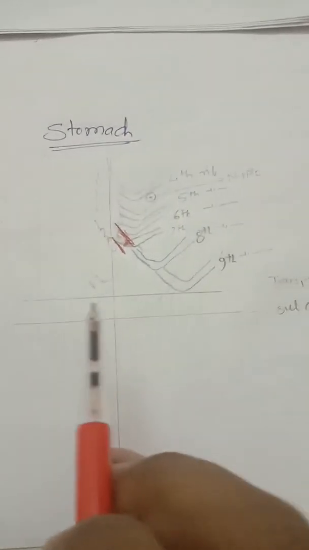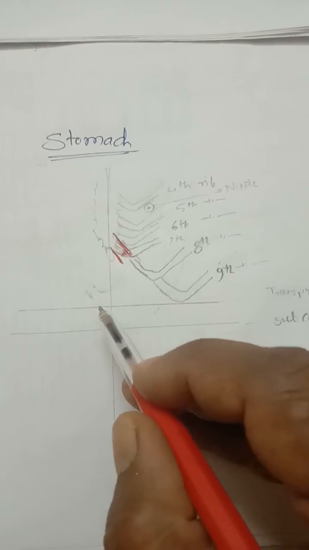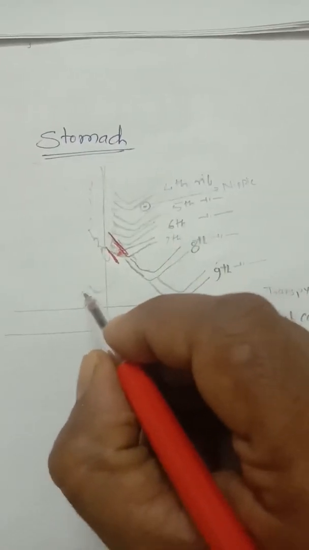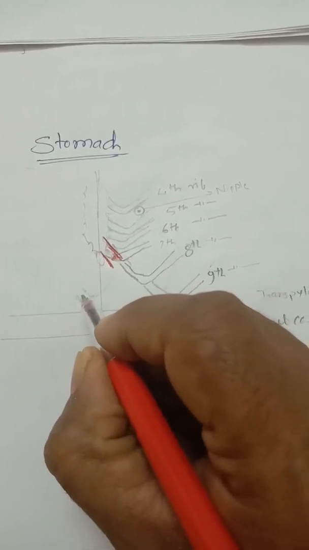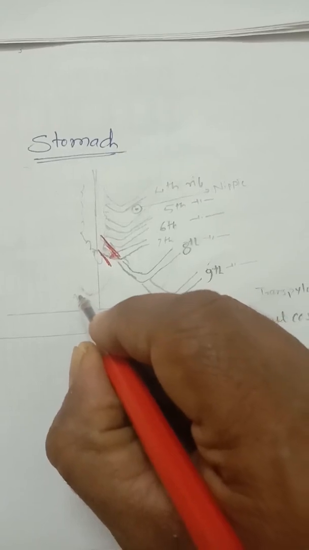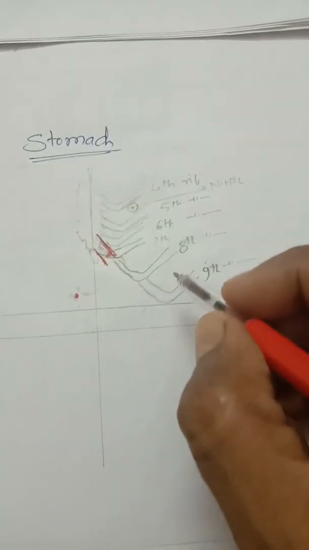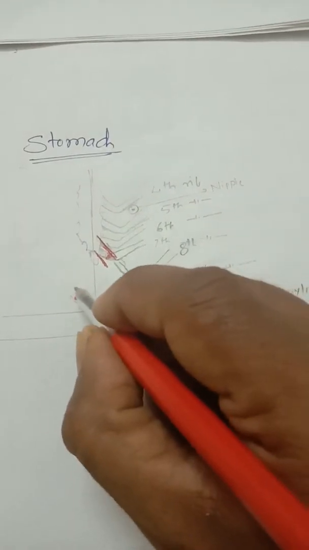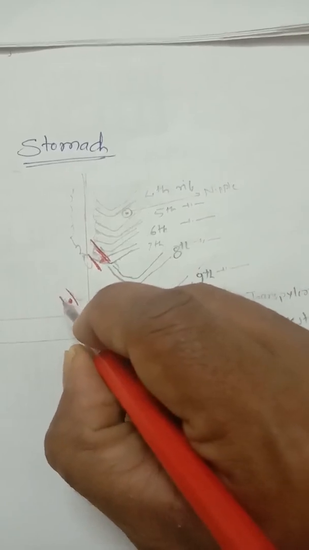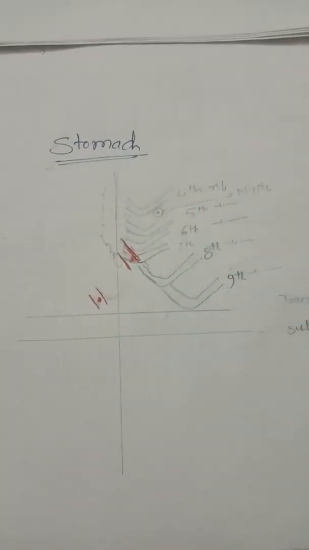Here you can see the transpyloric line and this is the median plane. From the transpyloric line, above and to the right lateral side, take 1.2 centimeters, and 2 centimeters from the median plane. So this point. After that draw two parallel lines 2 centimeters apart from each other. So this one is the pyloric end.